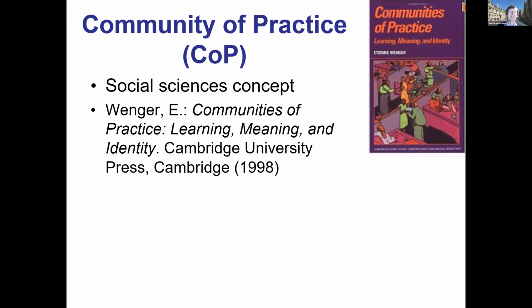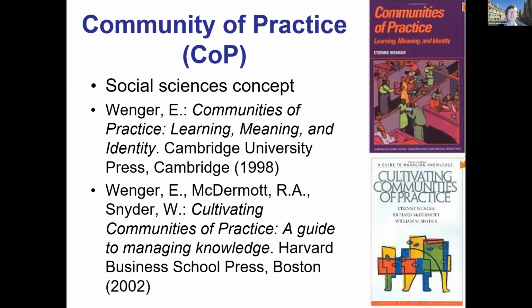So this was originally conceived by Etienne Wenger. This is an early book, another early book. There have been a lot of books on communities of practice and how to cultivate them and make them grow and so on. And the idea of the framework is to look at how a community develops with various stages. So I'll briefly go through some of those stages.